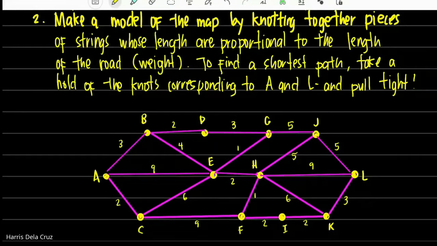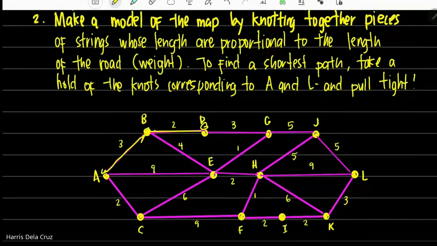So, halimbawa from A to B, diba? From A to B, kukuha ka ng string. Tapos sa ruler, babakatin mo yung 2 cm, for example, kung ano yung weight. Tapos, maggagawa ka ng knot on 2 cm. And then, from 2 cm, so for example, dapat dalawa yung string mo para ma-divide mo yung isa. Gagawin mo 2, inanot mo dun sa after 2 cm. Yan.